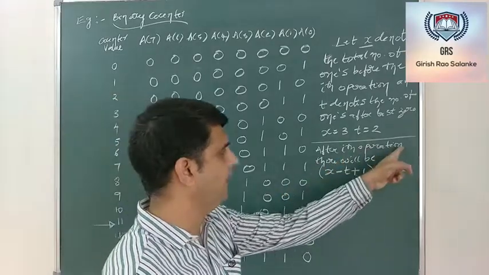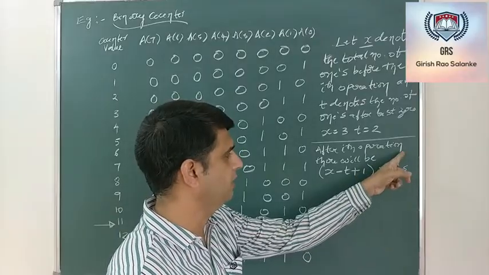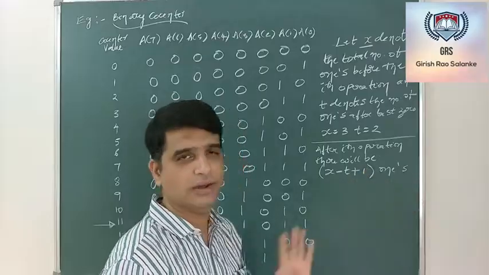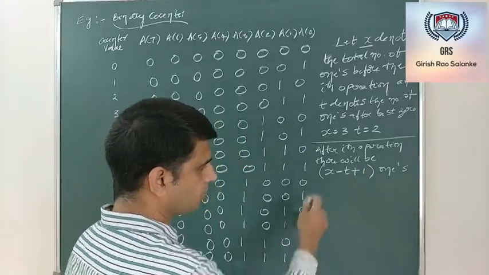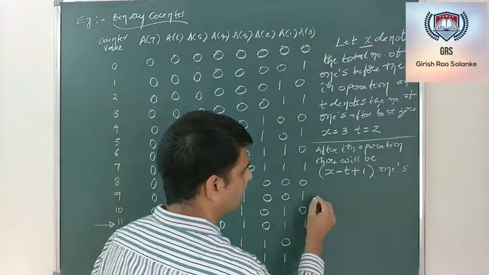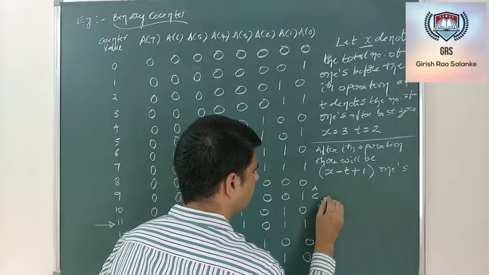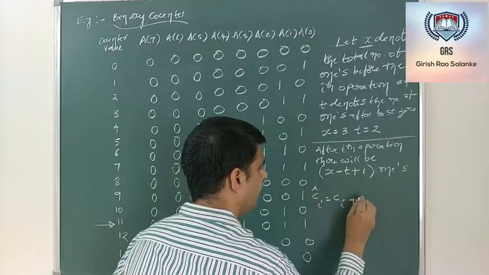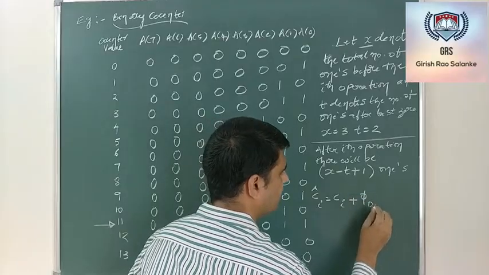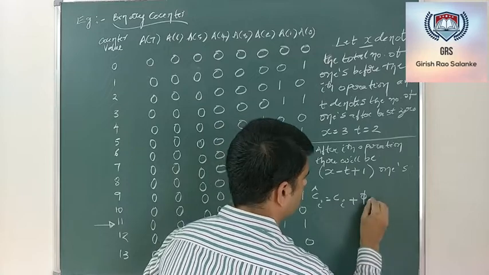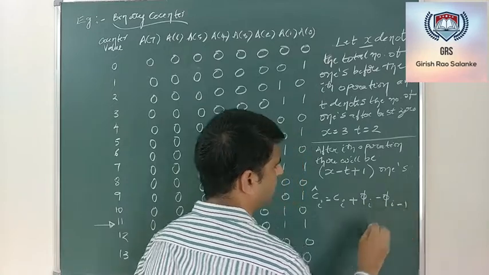Now, after performing the ith operation, there will be x minus t plus 1 ones. Now, what will be the amortized cost? If you write the amortized cost, Ci dash is equal to Ci plus the change in potential, which is phi i minus phi i minus 1.